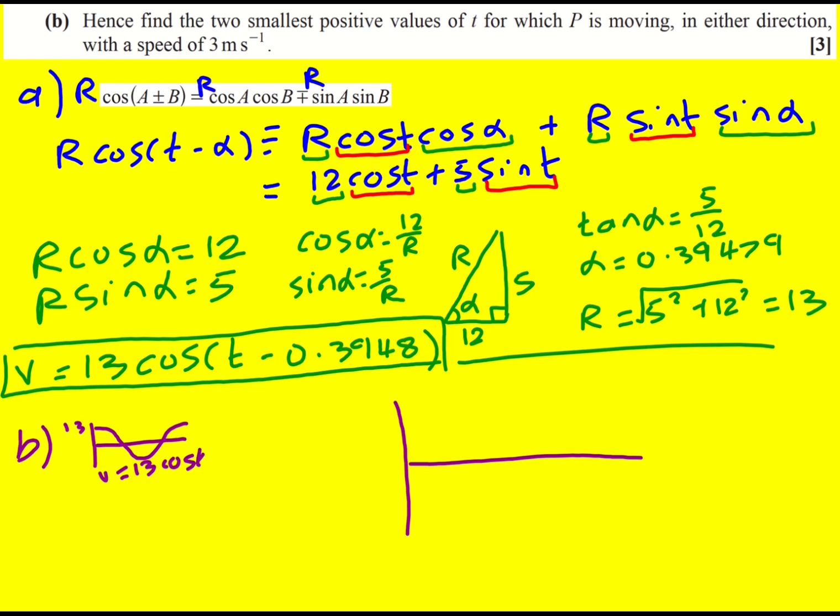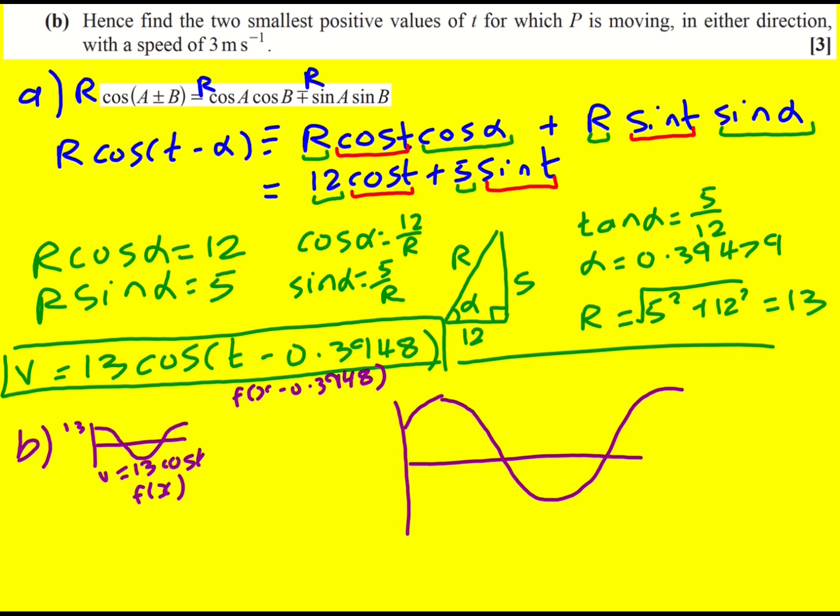It's inside, so this is my f of x, then this is going to become f of x minus 0.3948. So it's going to be a translation in x by 0.3948. Therefore, it's all going to shift forwards like this, and it's going to be coming down like that.